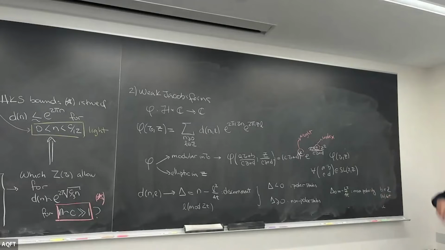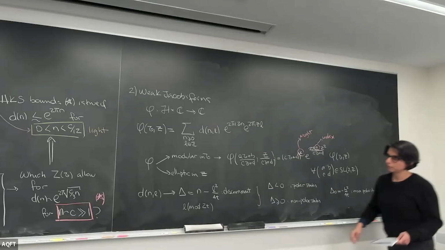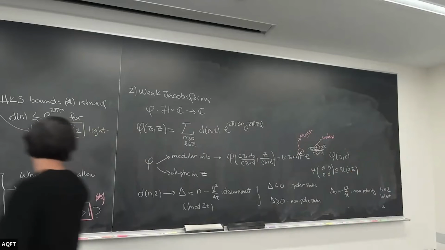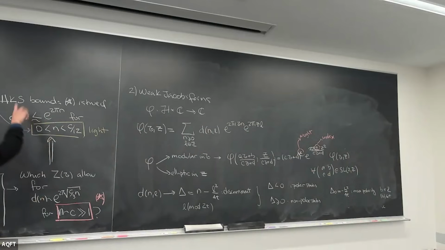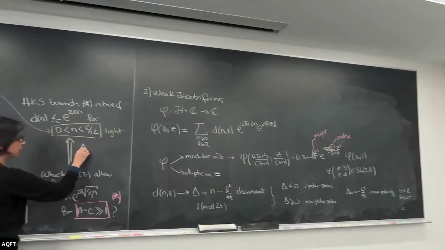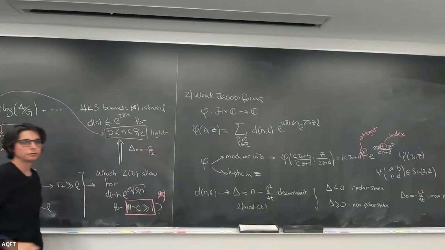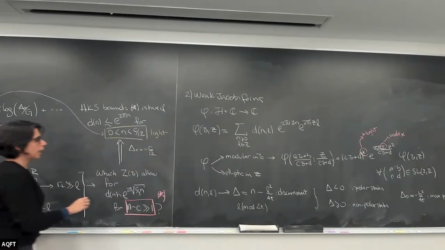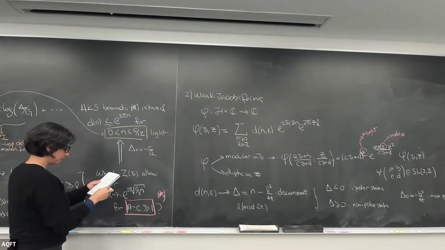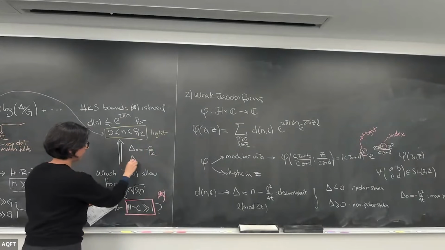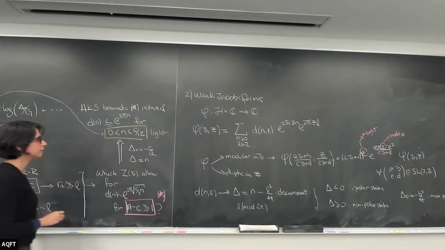Maybe in relationship to the old notation that I was using, I can write it here. If I translate what I wrote here for the weak Jacobi forms, delta 0 usually is something like minus c over 12. And delta is n in the simple case.